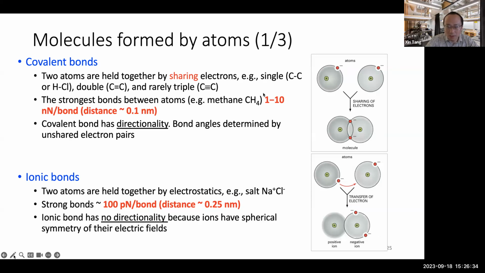The bond is weaker than the covalent bond, but the distance can be larger, 0.25 nanometer. And the ionic bond is non-directional because the ion has spherical symmetry of its electric field, because those electrons can be equally distributed anywhere on the surface, on the orbit of the chloride ion.